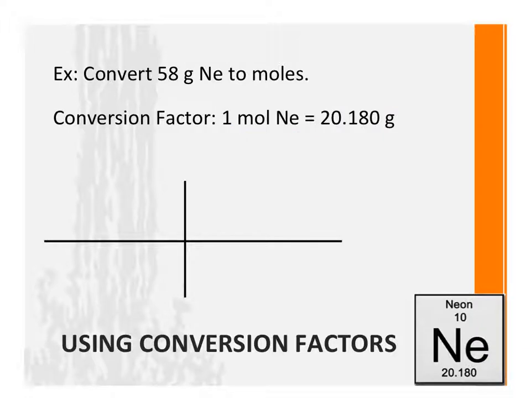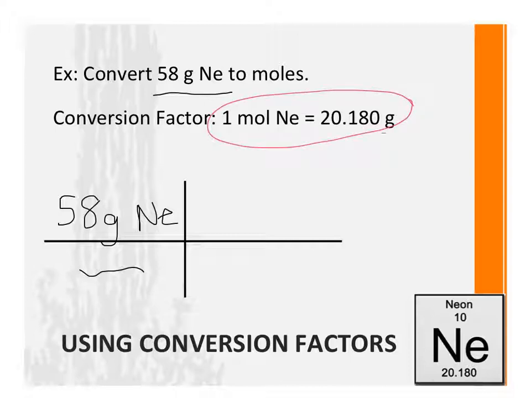So if we draw our boxes and we set up the problem, remember the number and unit you're given in the problem is what goes in the top left. So 58 grams of neon. Remember, we don't write anything in here. And we bring down our conversion factor, which is our molar mass. And remember, we've got to pick our denominator and numerator.